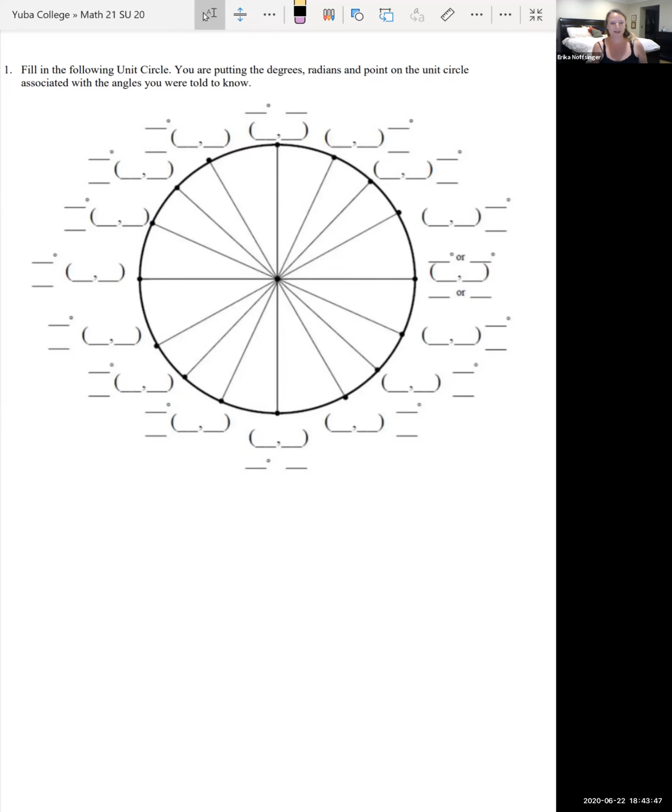Okay, so here's the unit circle, and we're going to fill this out. This is a helpful tool to help you with hopefully memorizing these specific angles. And so let's look at the following points. Here we have a point at 0, 0.